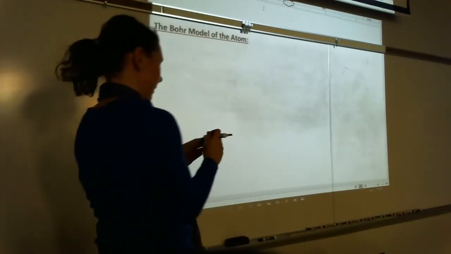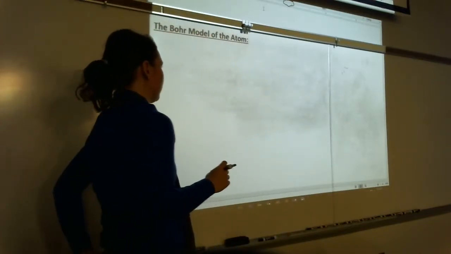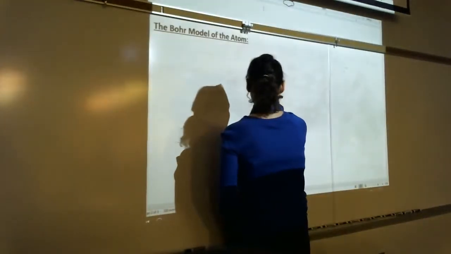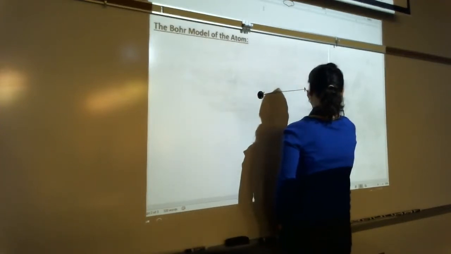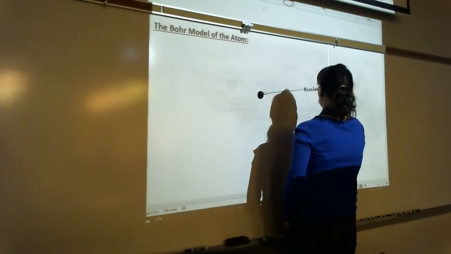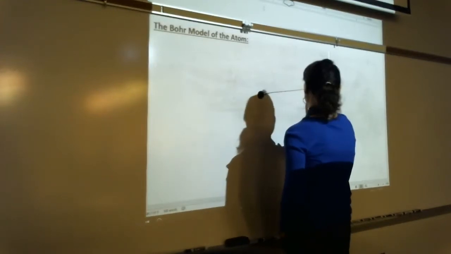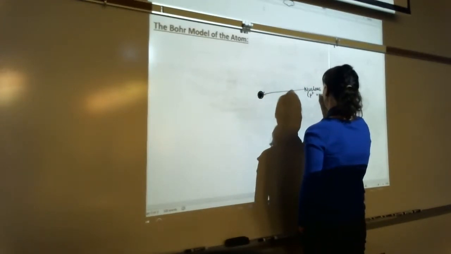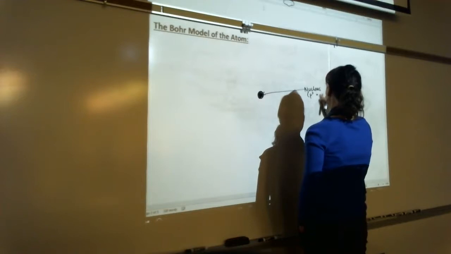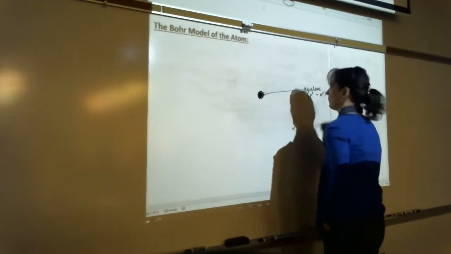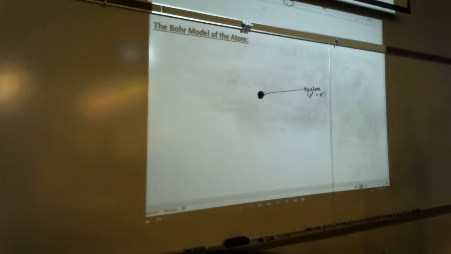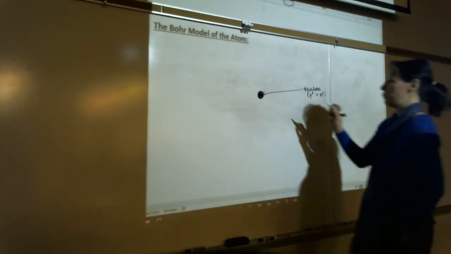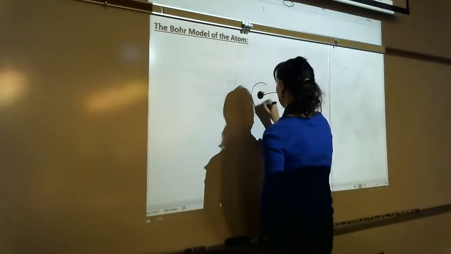Okay, you've probably seen this in high school or your previous science classes. Bohr's model of the atom has the nucleus, right? That's the nucleus. That's your protons and neutrons. And then what does Bohr's model have around it? These nice, pretty circles.